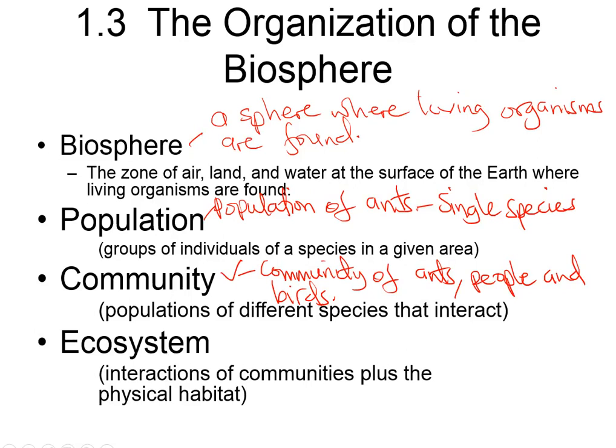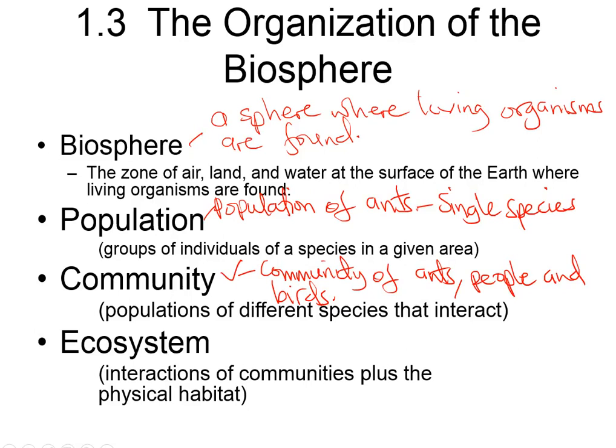So a community is population of different species that interact. Ants can interact with people, people can interact with birds, birds can interact with cattle and the like. So when they interact within a certain place, they are in a single community.